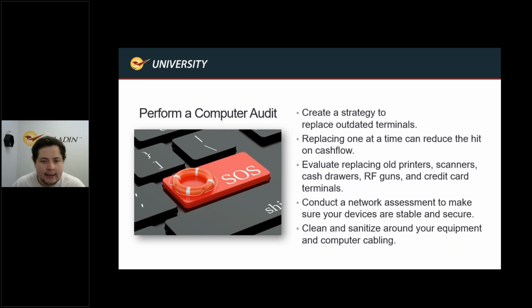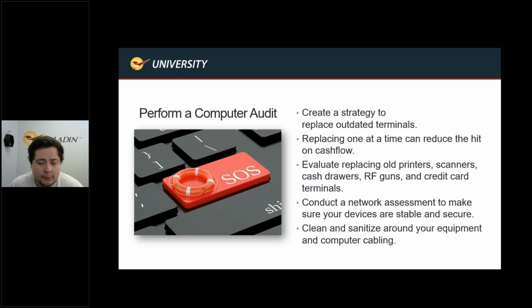It's not exactly necessary, but it's good to look at the oldest one and say, all right, it's done its job, let's potentially look at getting a replacement. Same goes with what we listed here: printers, scanners, cash drawers, RF guns, the whole works, because old hardware can be inefficient.